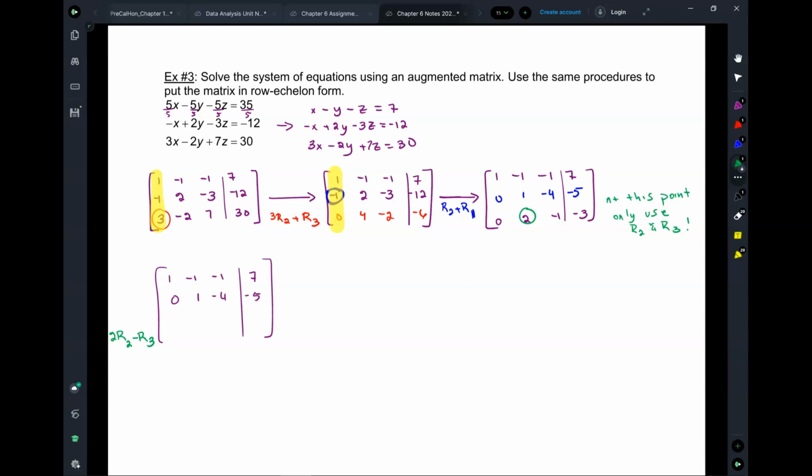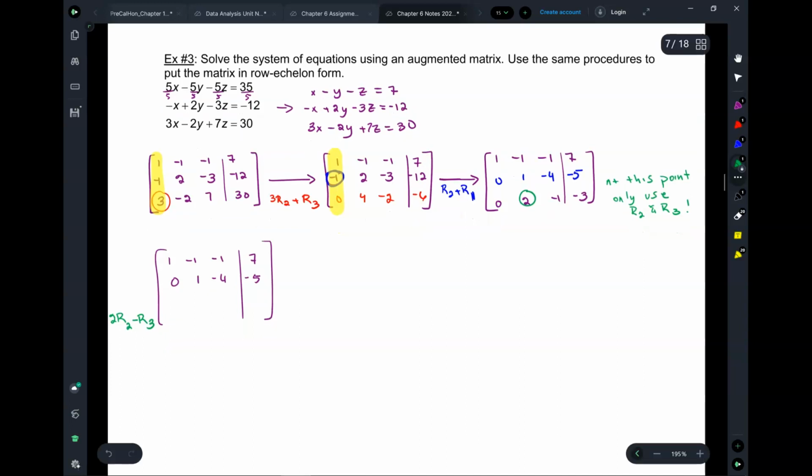Okay? So I'm going to make this a 0. Multiply this by 2 minus this. This minus this. So I get 0, 0. Okay, let's see if we can do this mentally. This times 2 is what? Negative 8 minus negative 1.